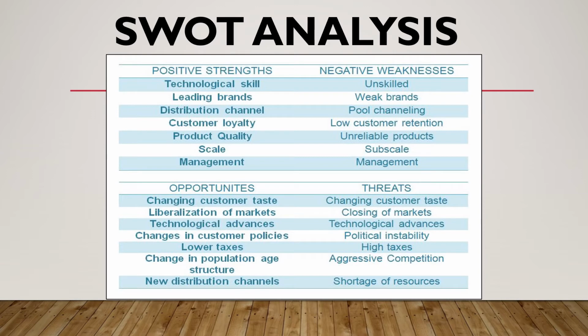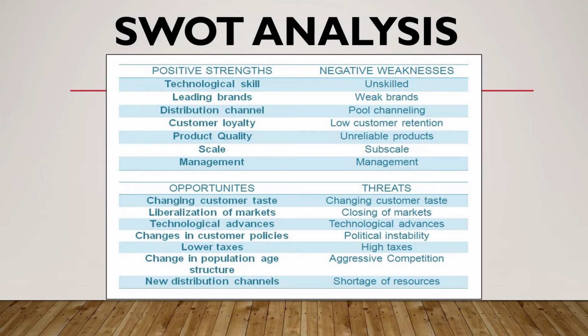The negative weaknesses are where the organization has employees who are unskilled, the organization's brand name is no longer as famous as before and no longer recognized by the customers, the distribution channels are ineffective and inefficient, the organization does not know how to maintain existing customers, and they have unreliable products.